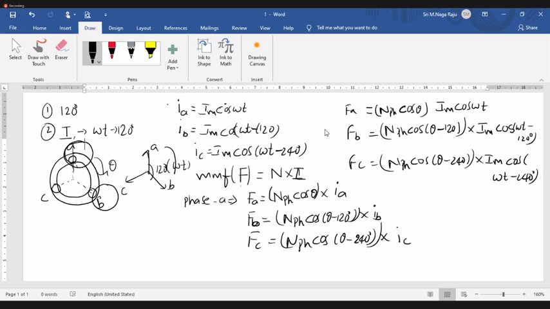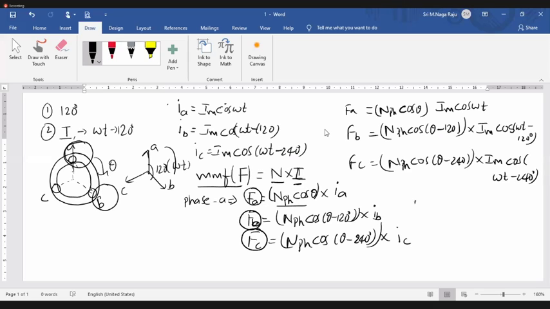Okay. Now I'm repeating again, MMF is equal to number of turns into current. So we have found MMF for each phase, FA, FB, and FC. That is number of turns into current. So finally we got this. Fine. Now in the machine we have only FA or only FB or FC or the resultant of these three phase MMFs.